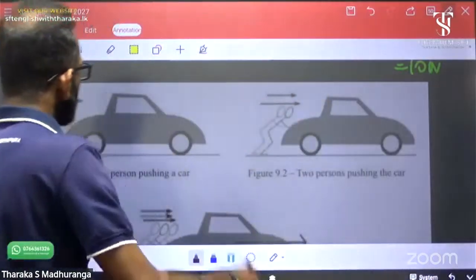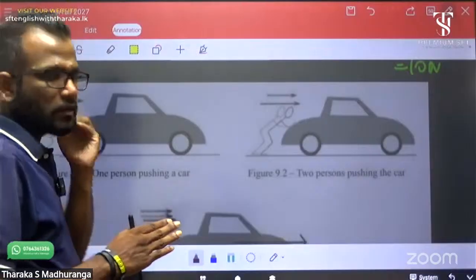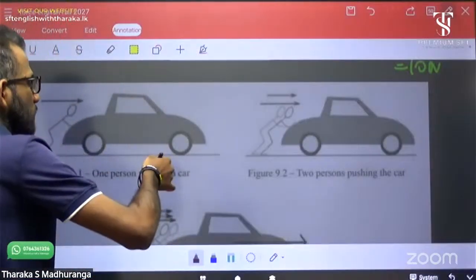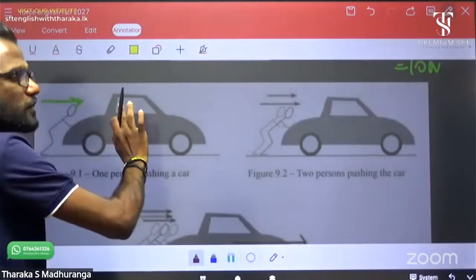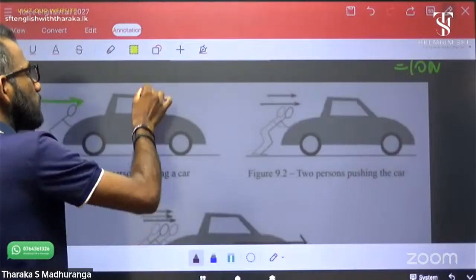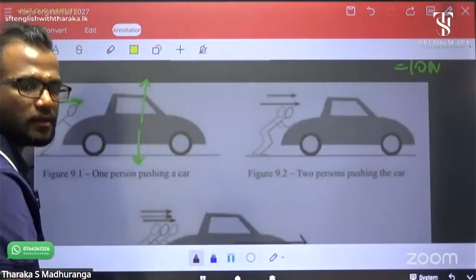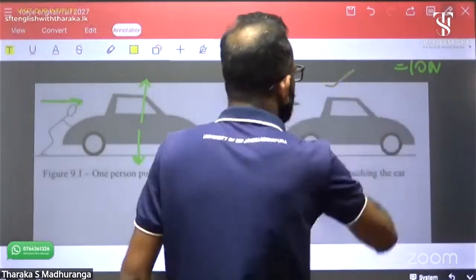Yeah, if you only think about the horizontal direction, it is not a force system. Don't think about vertical. If you only think about these horizontal forces, it is only a single force. It's not a force system. But if you think about weight and the perpendicular reaction, it is a system. Now with two persons, exactly, it is a force system.